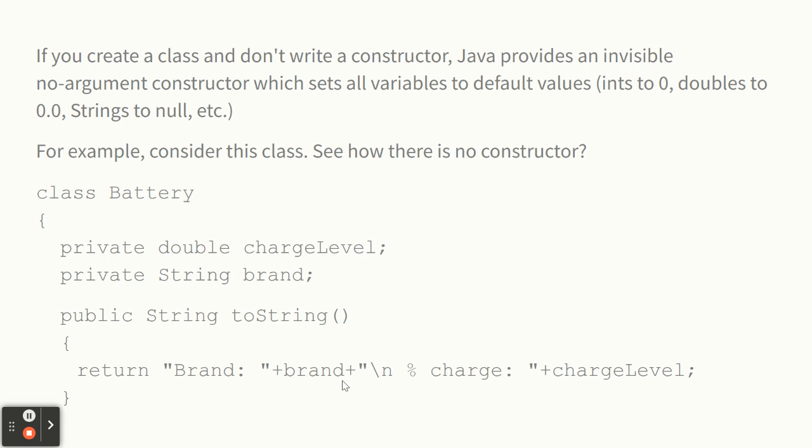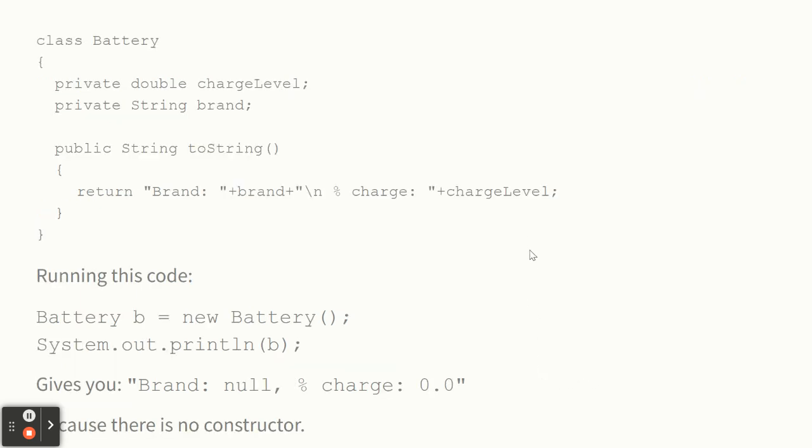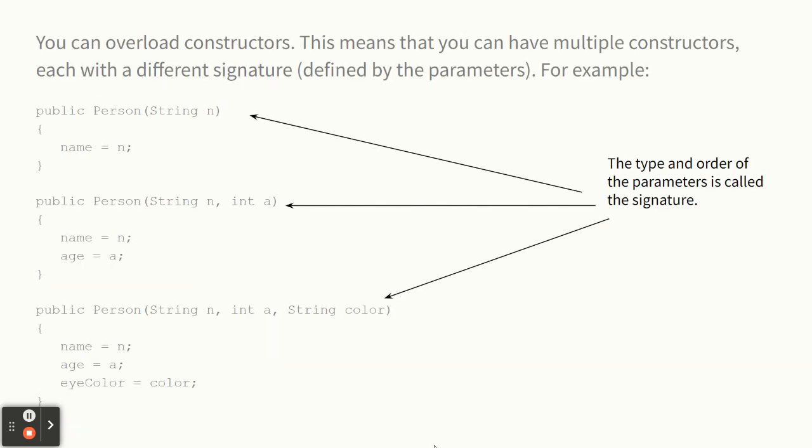It'd say brand null, because brand is a string. Strings get set to null. It says right here. And charge, it would say 0. So if I ran this code, Battery b = new Battery, System.out.print the battery, it would say brand null, percentage charge 0. That's because there's no constructor. So normally we would write a constructor.